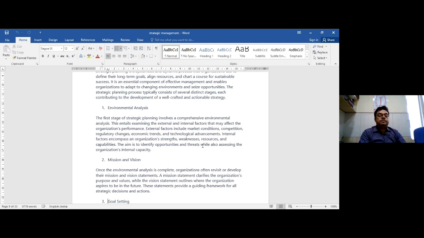So the strategy formulation here, as a part of any kind of strategic planning, we have strategy formulation, which is definitely a part of long range planning, and involves developing a corporation's mission, objectives, strategies, and policies.